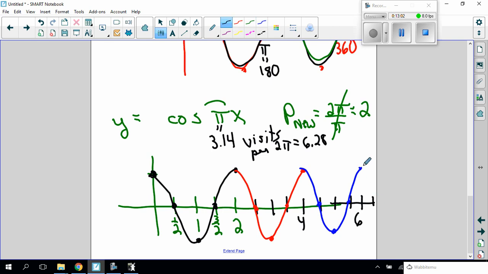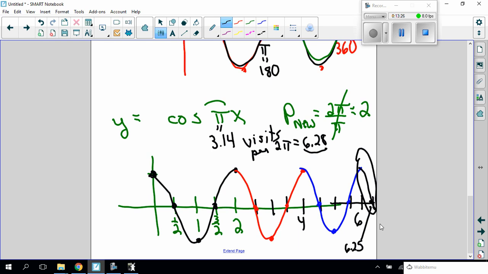And maybe one more tick. So that's right there. That's 6.25 at 6.28 to there. That's 0.28 of a visit. Pretty cool. 1 visit, 2 visits, 3 visits, and a little more.